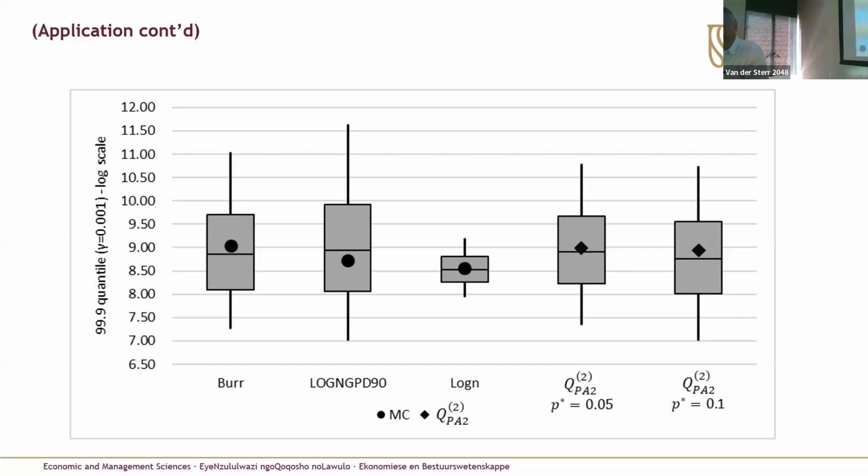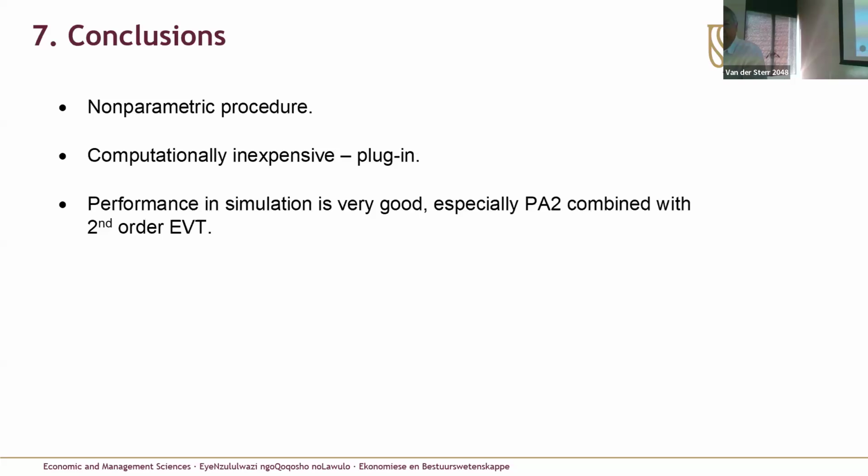Now, I didn't say more on the simulation. We did a lot of simulations on the performance. And for that, I want to conclude with point number 3 there, that the performance in simulation was very good, especially if we combine the second order perturbative with the second order EV.